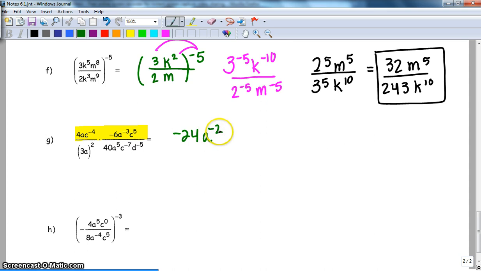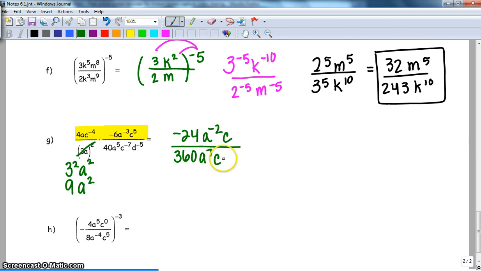Don't worry, I'll deal with that in a second. Negative 4 and 5 makes just a 1. This becomes 3 squared a squared, which is 9a squared. So now 9 times 40 is 360. I have an a squared and a to the 5th, which is a to the 7th.